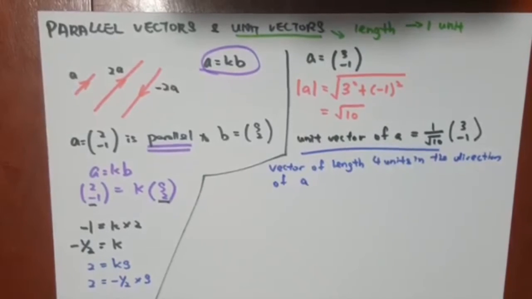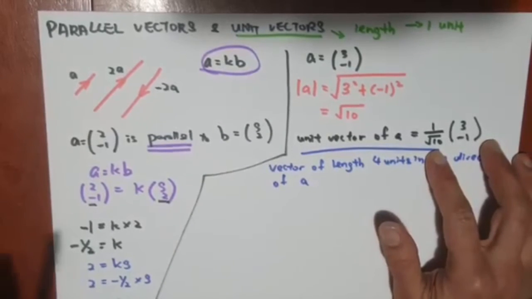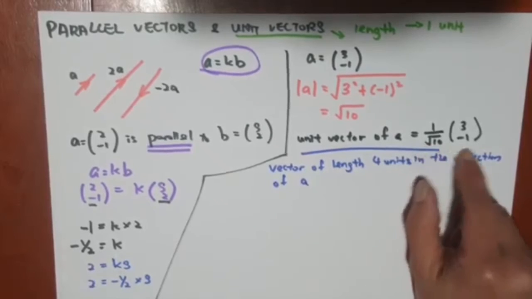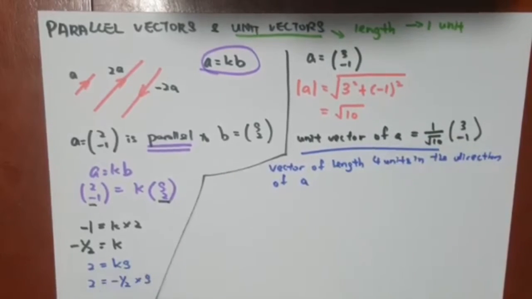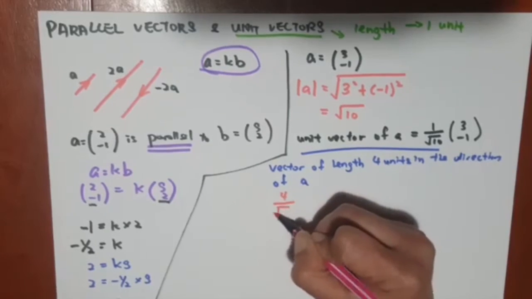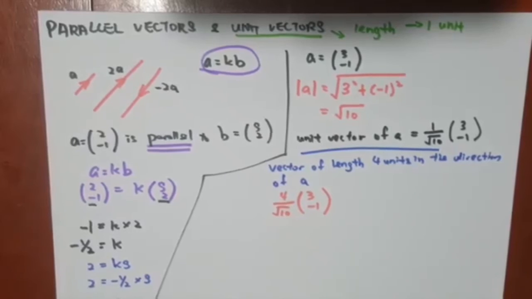It's really easy because we already have the unit vector, which is of length 1. In order to get it in 4 units, we just take the unit vector times 4. So we will get this as the answer. Does that make sense?